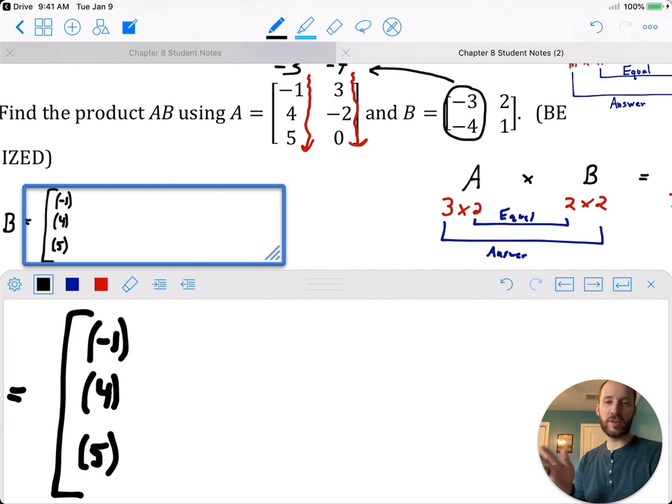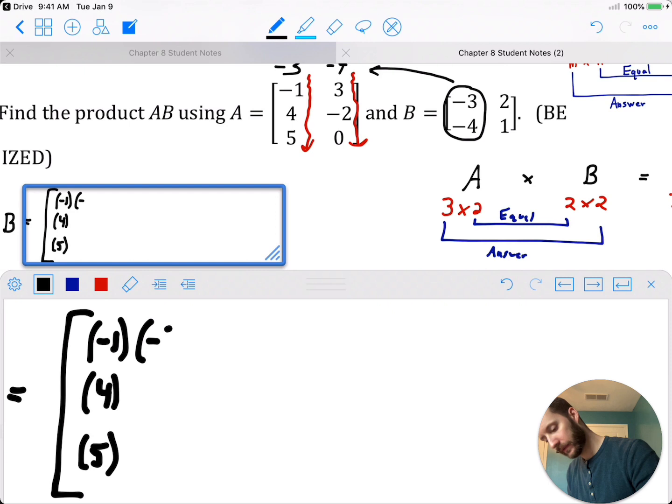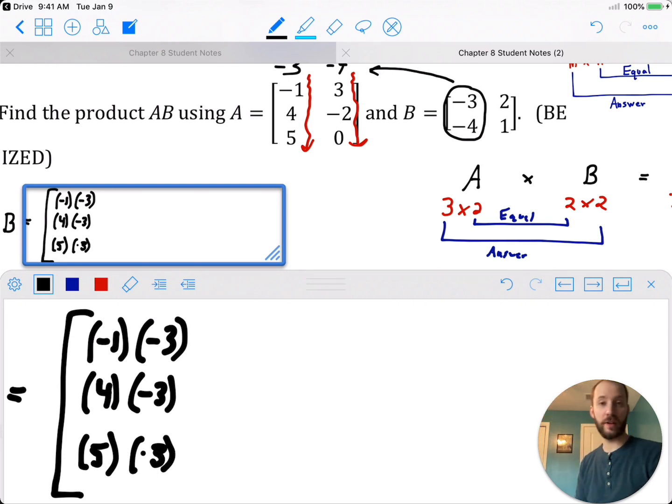So you see I just copied the first column from A down here to my answer, and -3 is going to filter to each of those values and multiply. So -3, -3, -3. And then your second column, 3, -2, 0.